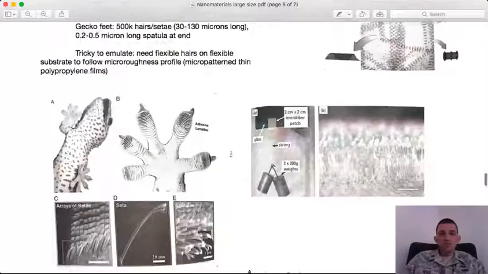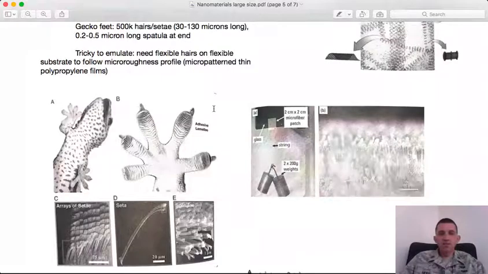These really tiny hairs give their feet super high surface area and really small size, so they can basically follow the micro roughness of whatever surface they're on, and that gives them a much better grip.